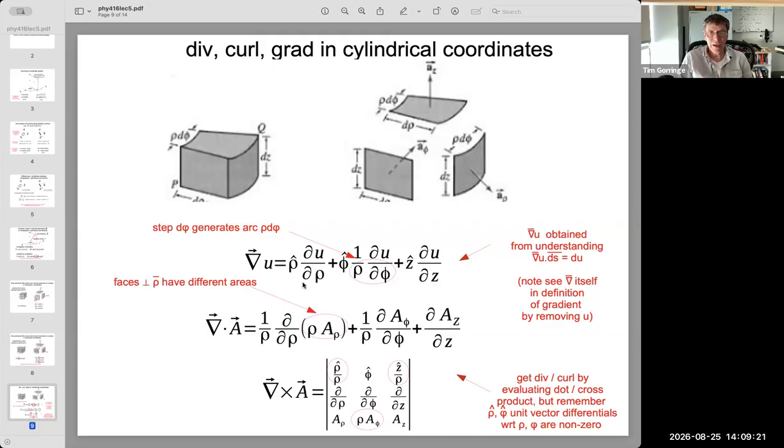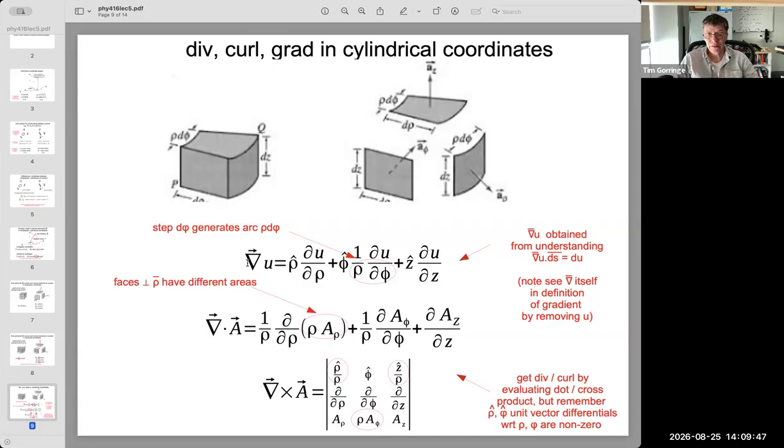We've met these guys in the language of rectangular coordinates, and now on this slide, I'm introducing them in the language of cylindrical coordinates. So let's just walk through them. I'm not deriving them. I'm just walking through these expressions.